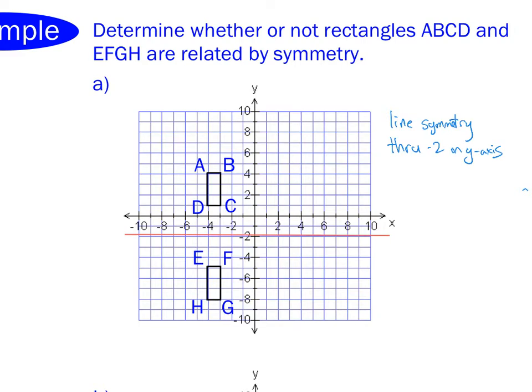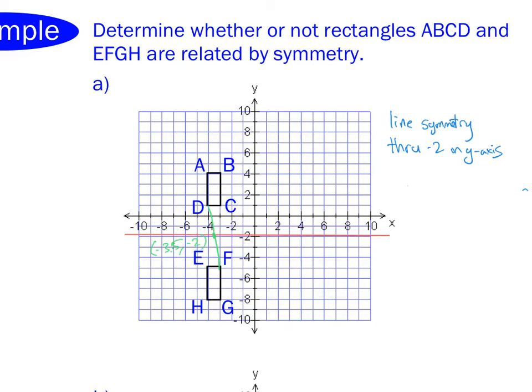We also have to look at where there is rotational symmetry. And this point right here will represent where that rotational symmetry is going to live. So that point is the point -3.5 and -2.